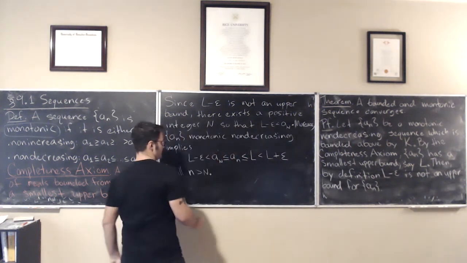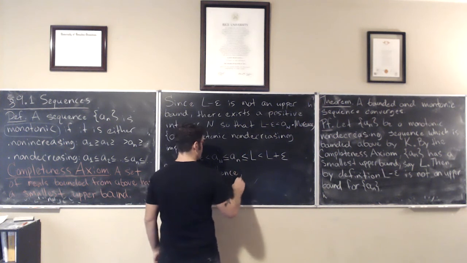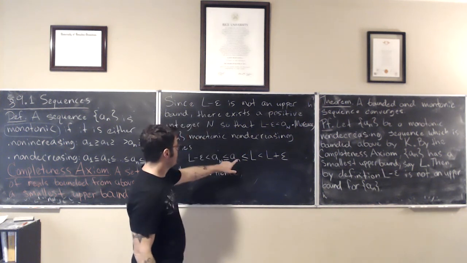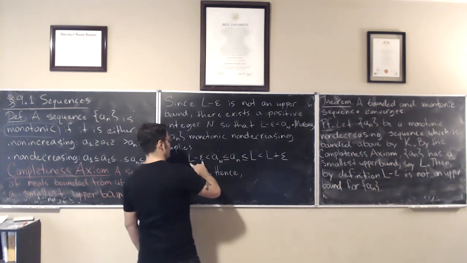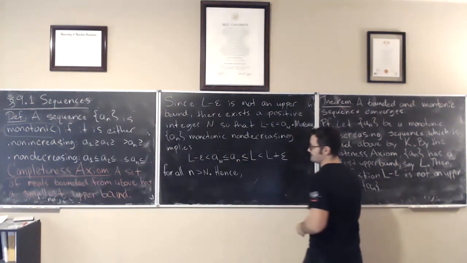So what have we shown? Hence, what is it saying? L minus epsilon is less than A sub n, and L plus epsilon is greater than A sub n.